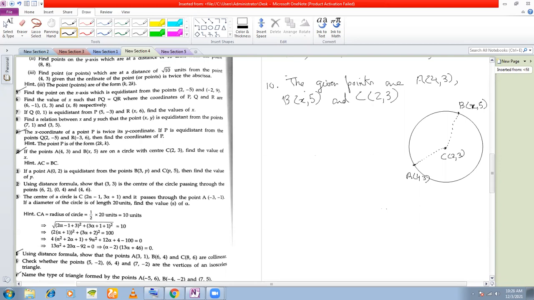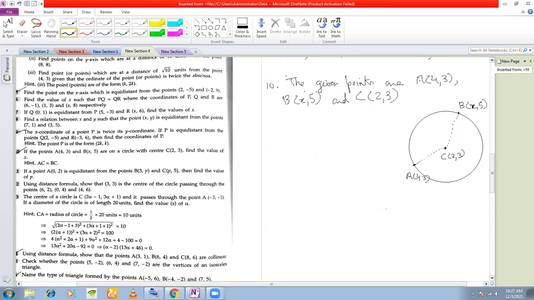Anyway, as I was saying, in this question, A and B are given to be points on the circle, and C is given to be the center of the circle. Now, the distance AC is nothing but the radius of the circle, right?